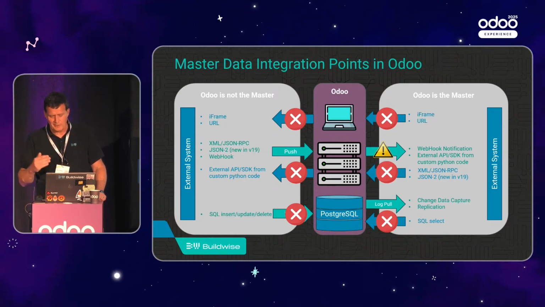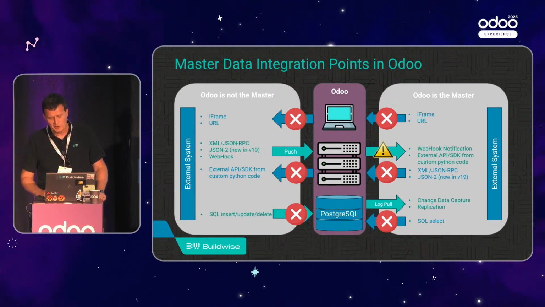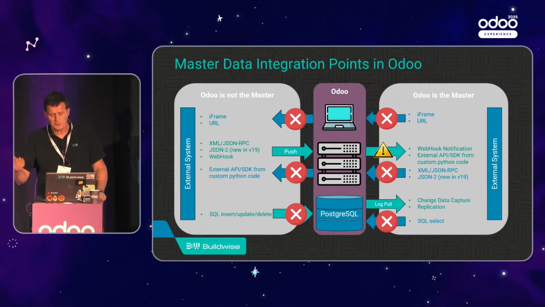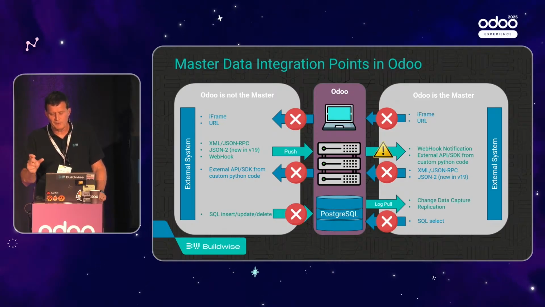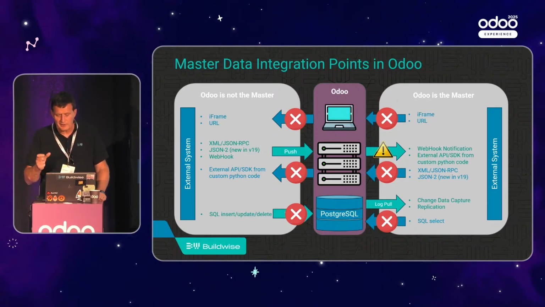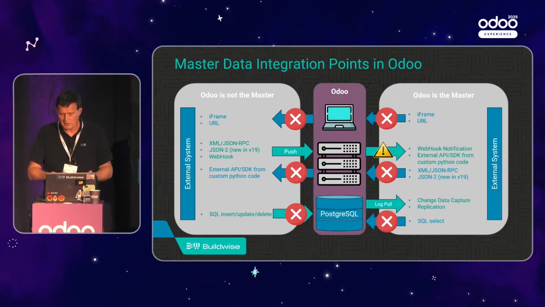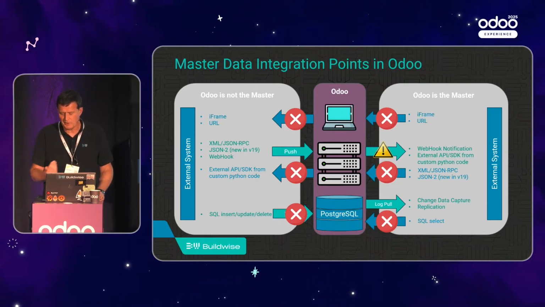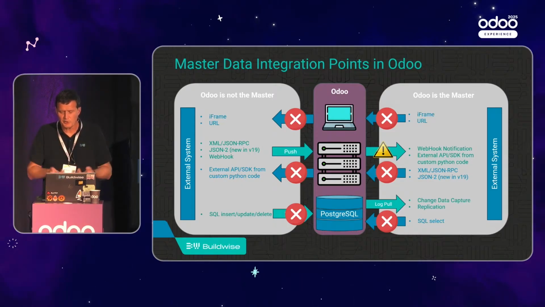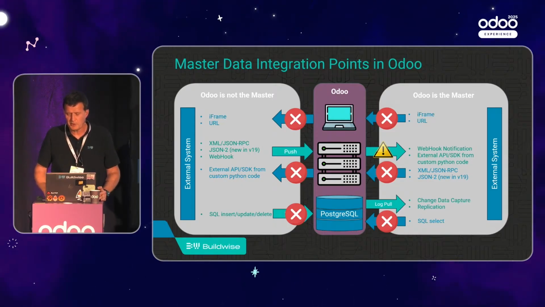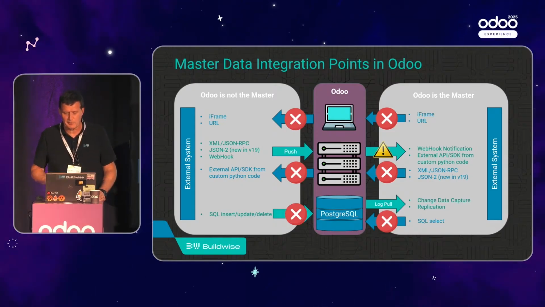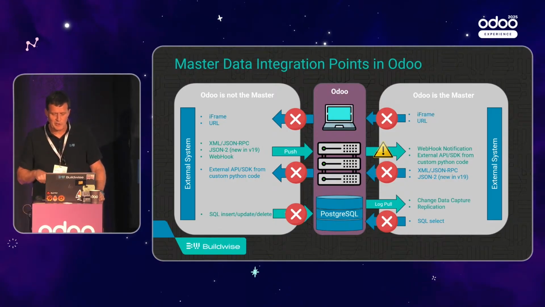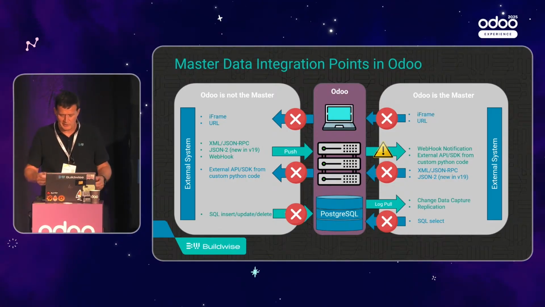And when we upgrade Odoo and we have to swap from a version to another, we know that we stop it for a certain time. And during that time, Odoo cannot fulfill pull requests coming from other systems. So it's not only Odoo that is going to go into maintenance mode, it's all the systems that are consuming the master data in Odoo which will be in maintenance mode or integrated mode.